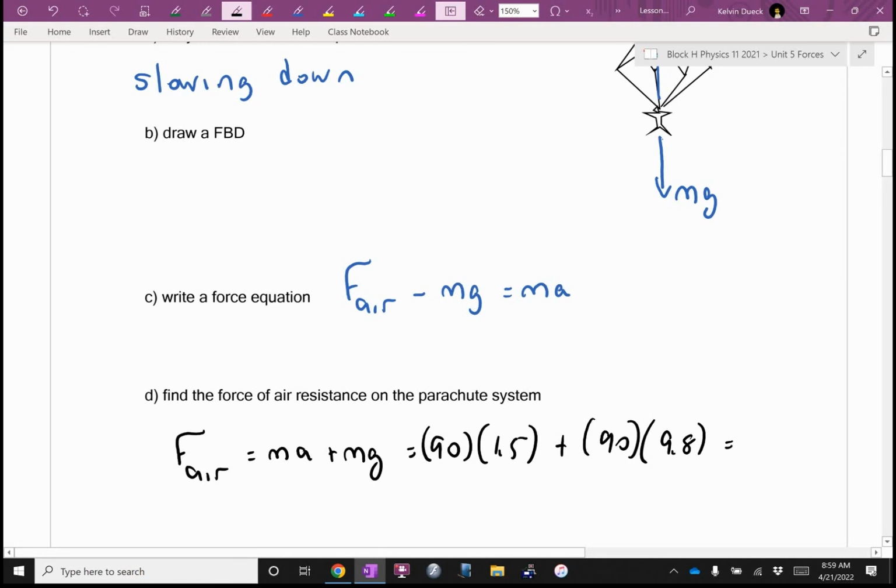If you got a negative answer, you've messed up somehow, right? So there's some built-in error checks. If you get a negative answer, probably you picked the wrong winner. Go check your free body diagram. What'd you get? 1,000? 1017? Is that right? Units, it's a force, newtons. Okay.